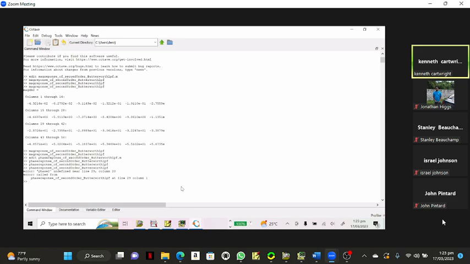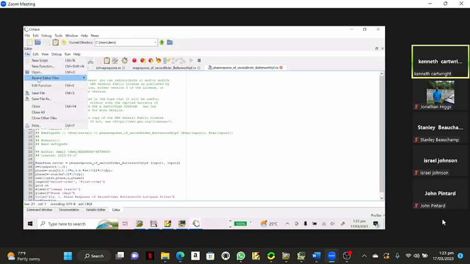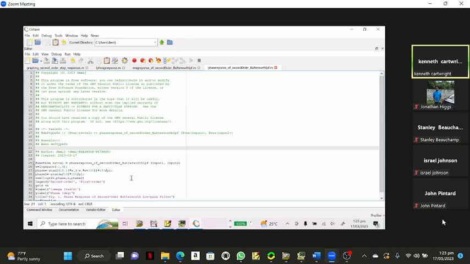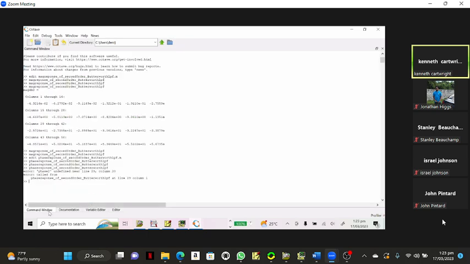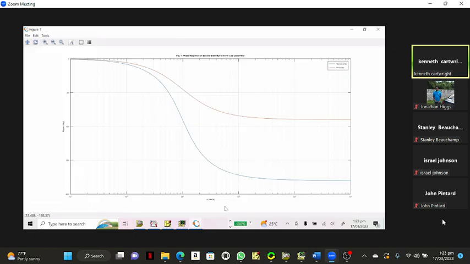Base 2 undefined. Line 29. All phase 2. Okay. There it is.